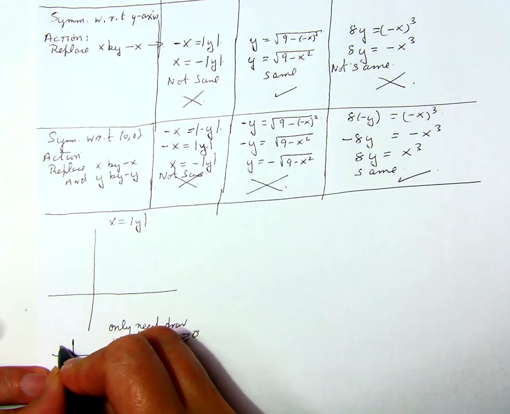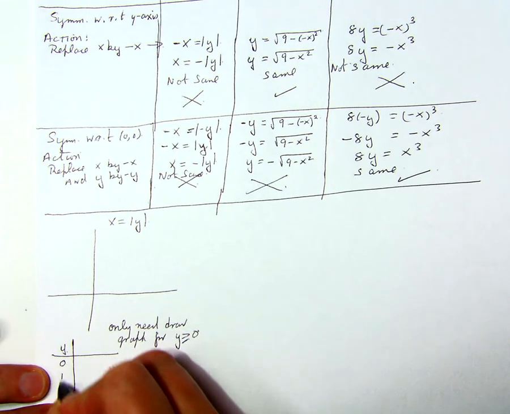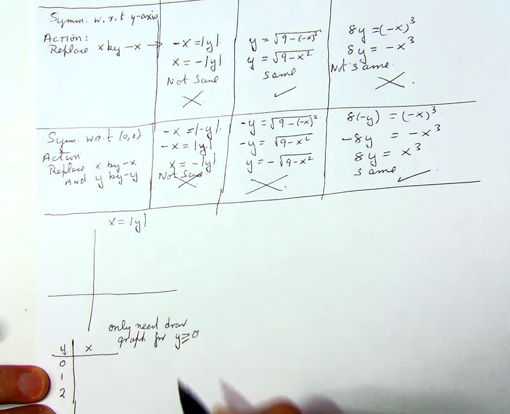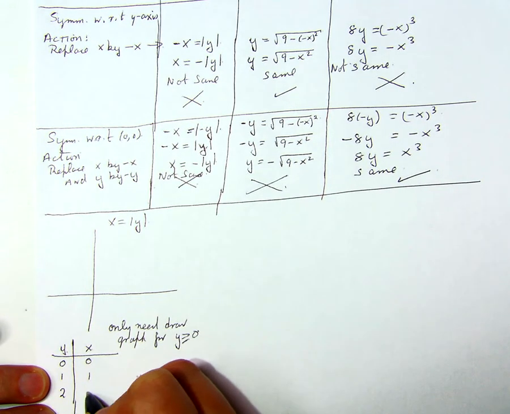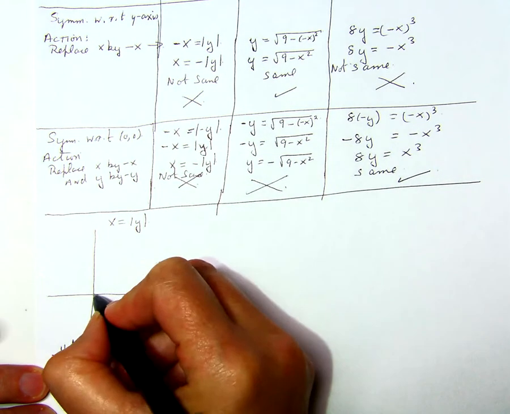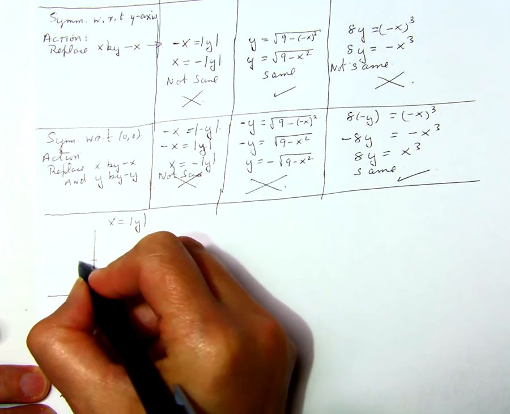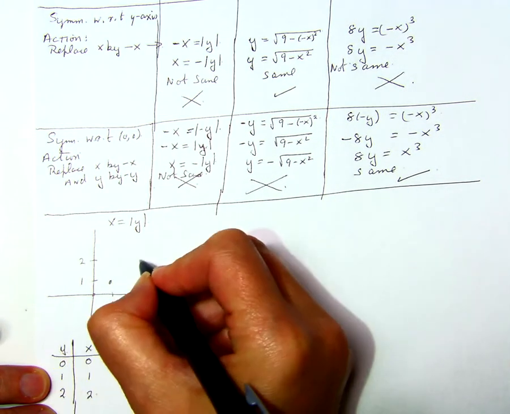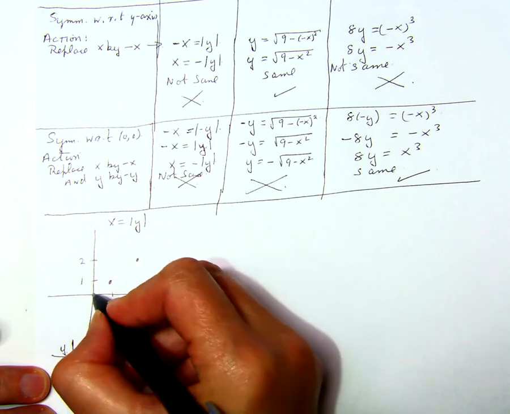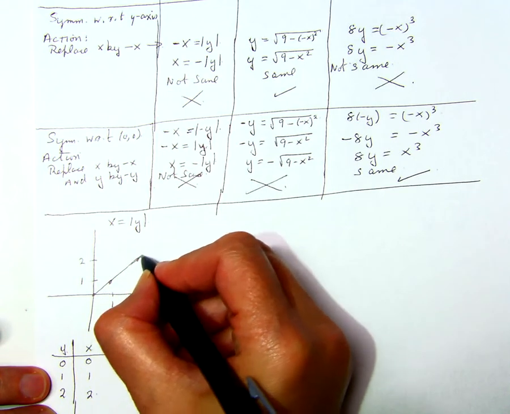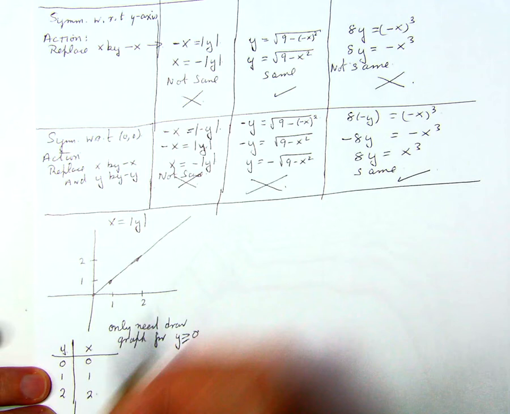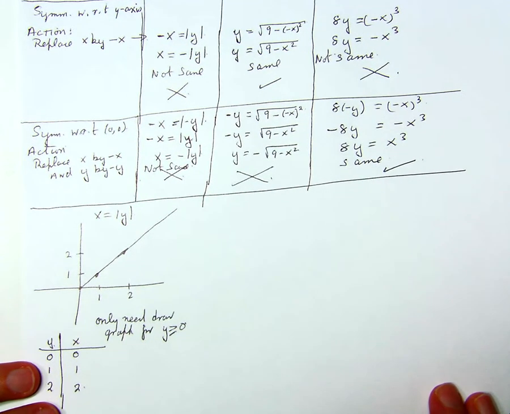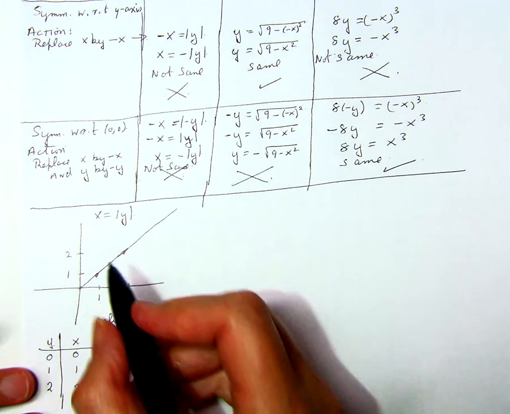Let's take some values of y, 0, 1, 2, and the corresponding value of x is 0, 1, and 2. So I have 3 points in the graph. I'm assuming it continues that way along this diagonal ray from the origin on to infinity and beyond.